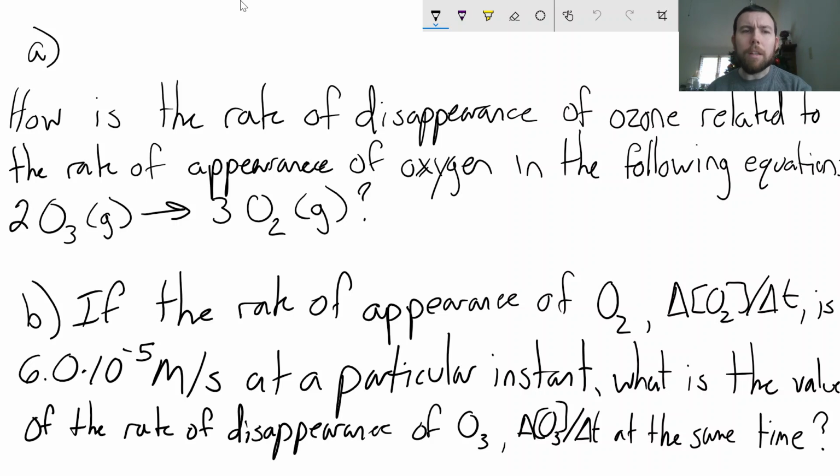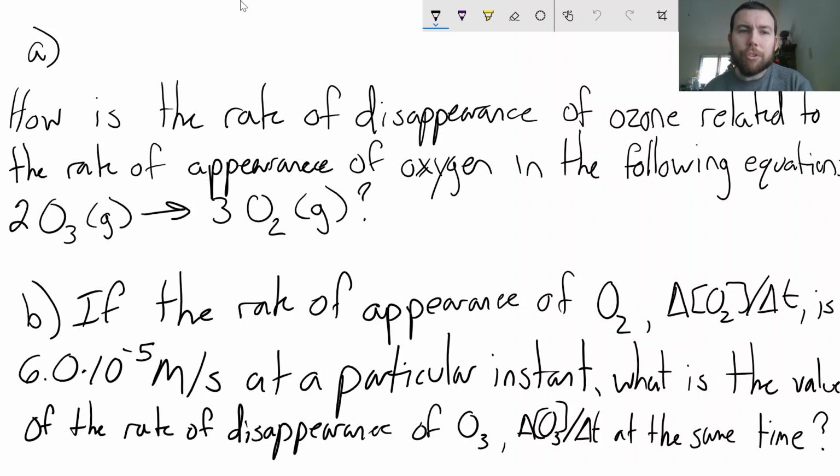And then question number 2 is, if the rate of appearance of O2, delta O2, change in concentration of O2 with respect to time, is 6.0 times 10 to the negative 5th molar per second at a particular instant, what is the value of the rate of disappearance of ozone, so the change in concentration of ozone divided by the change in time, at the same time period?